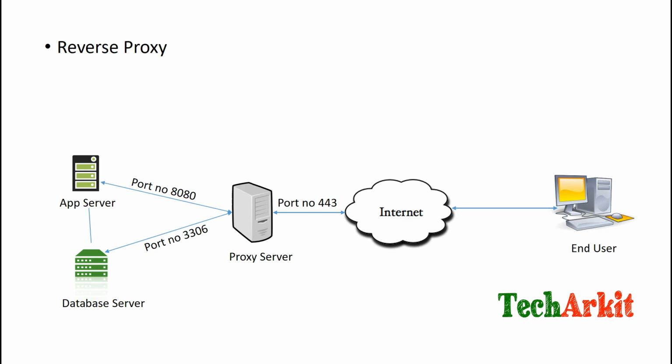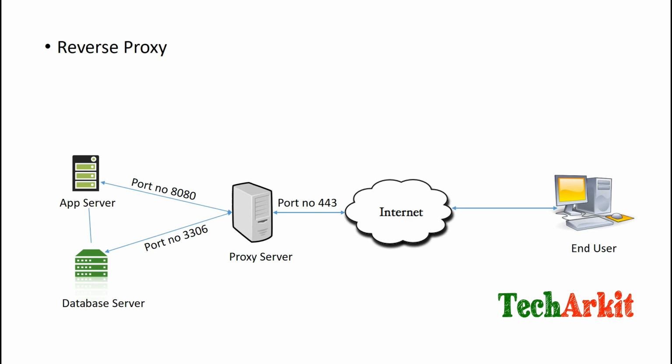Your systems behind are protected against hacking and information leaks. That's how the reverse proxy protects your sensitive servers and application information. The end user does not know where they are requesting; they know only the proxy server address. That's about the three proxy servers.